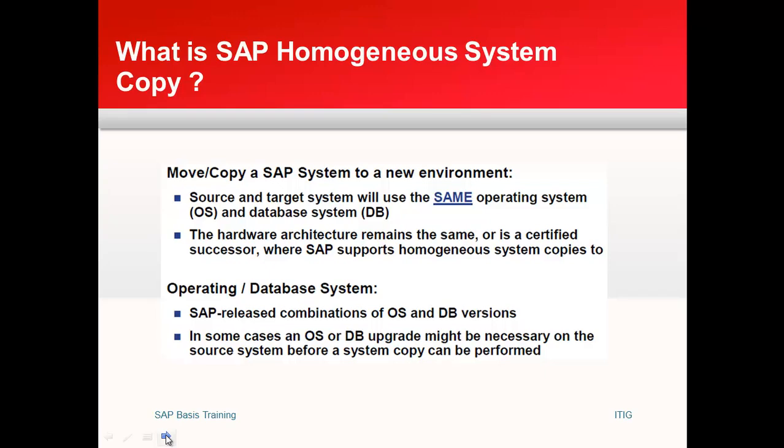So that falls under the homogeneous system category. Depending on the method used for executing the homogeneous system copy, it might be necessary to upgrade the database or the operating system of the source system first.